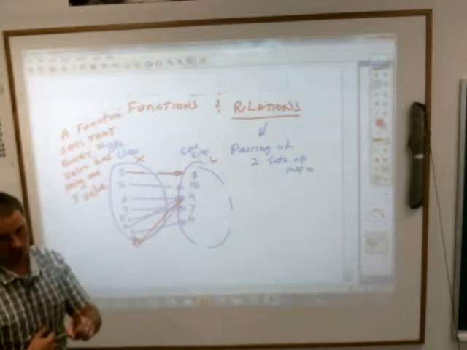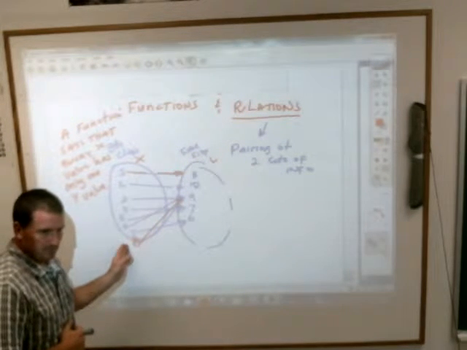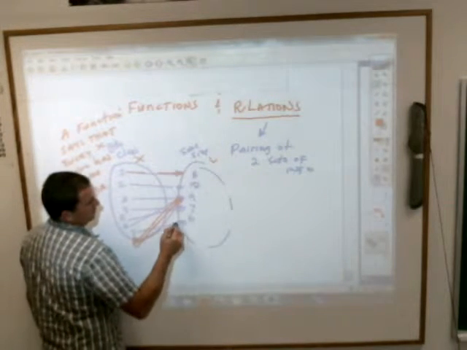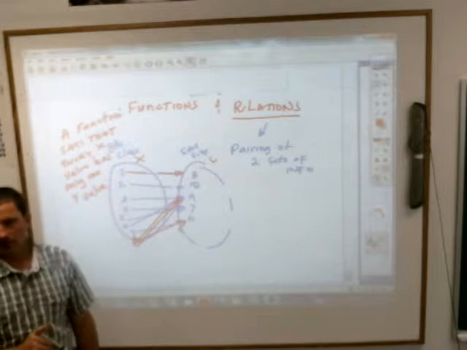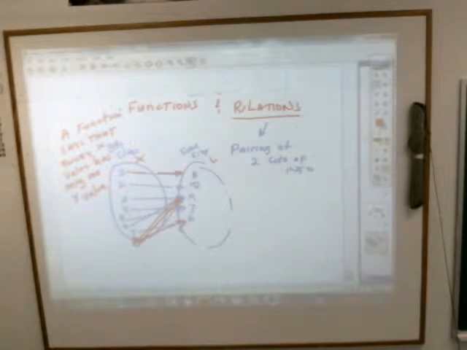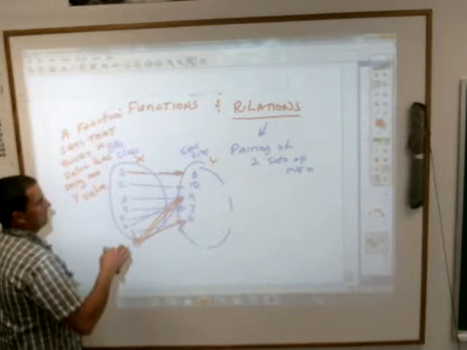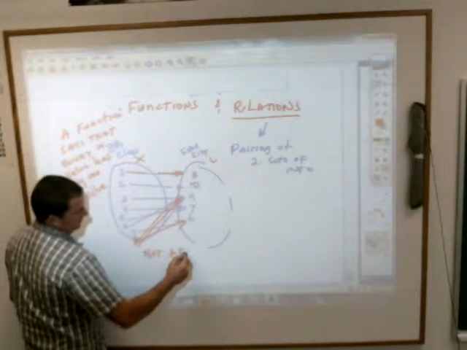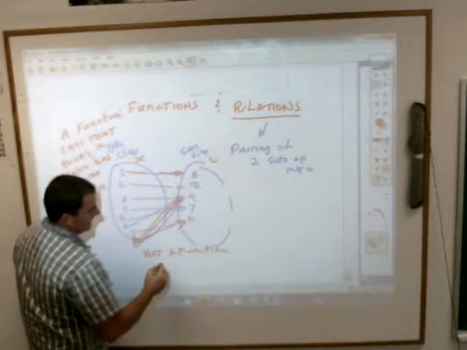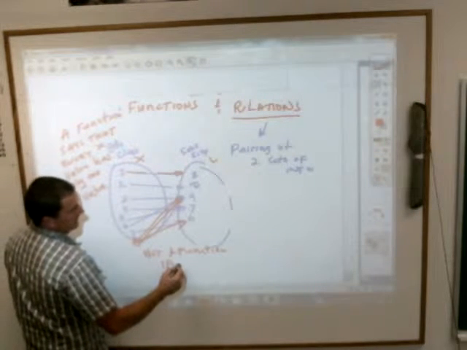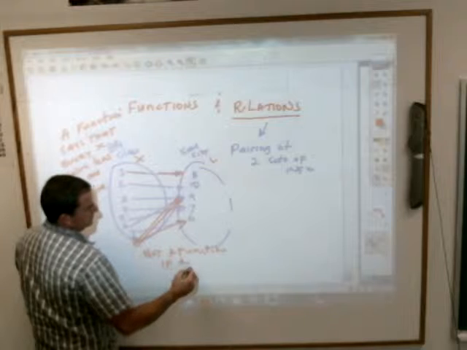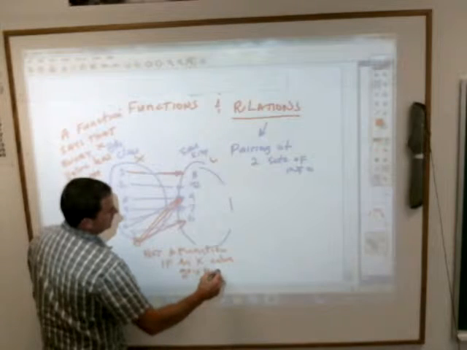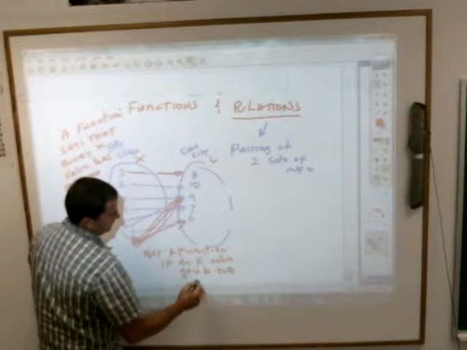Now what would make it not a function is if, who's number 8? Is if Nathaniel not only wore a shoe size 9, but also wore a shoe size 6. Okay? So what you are not allowed to have, it is not a function if a single x value goes to 2 y values or more.